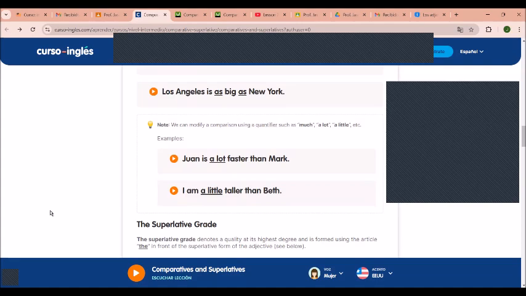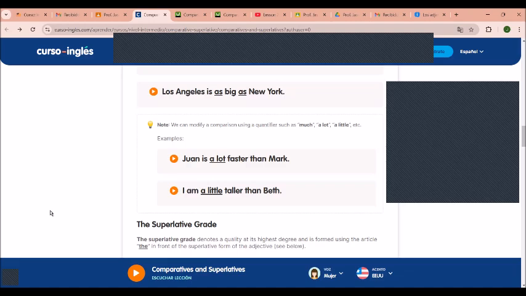We can add some sort of level to how different each one is. So we know one is faster, but is it only a small amount or is it a big amount? We have words like much, a lot, slightly. All these words help us describe the degree of the comparison between the two.